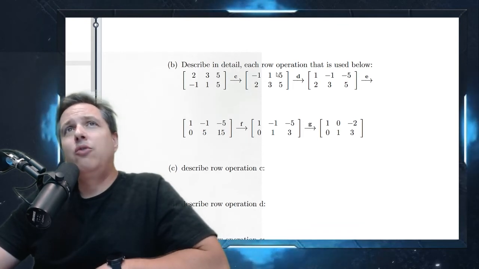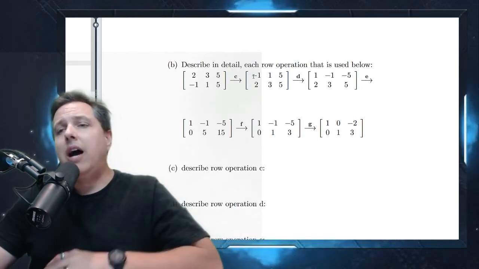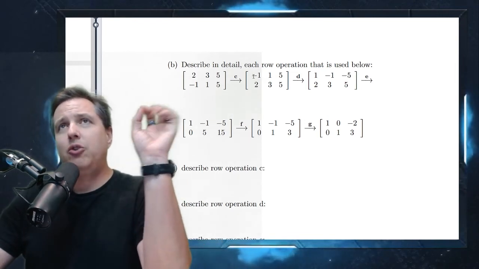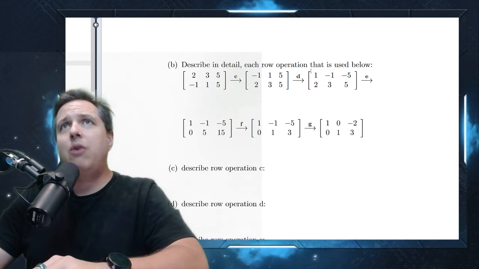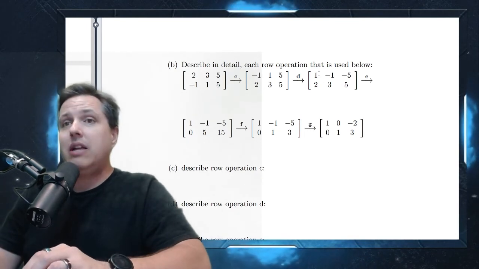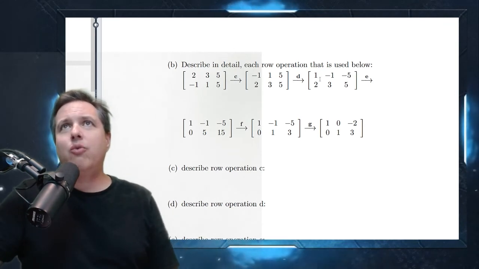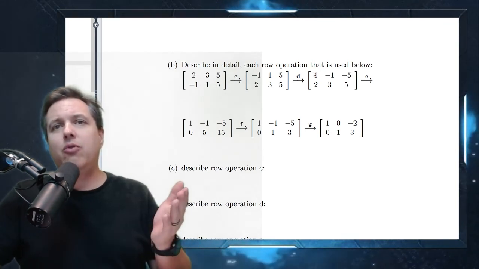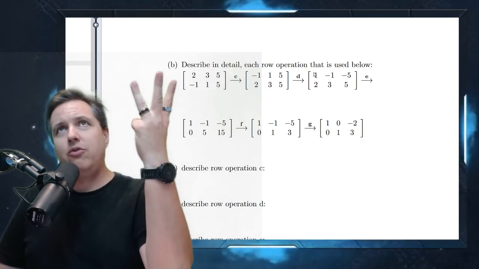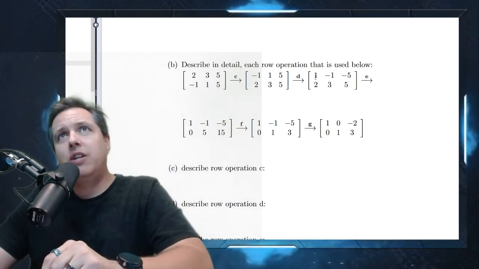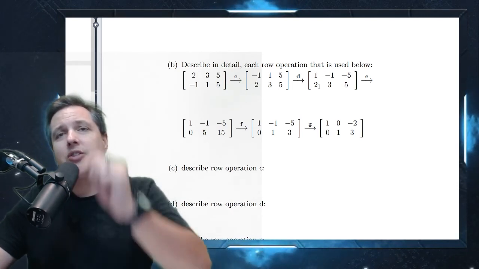Okay, so what do we do to get from here to here? Well, I can use row operation 2 and just multiply the entire original row by -1, and then I get this, and now we have a 1 where we wanted it. That's great, right? Now, how do you get the zeros? Once you get a 1 in the right spot, how do you get zeros in the rest of the column? You're almost always going to use row operation 3 to do this, because what you're going to do is take a multiple of this row that has a 1 in it, and add it to this row.